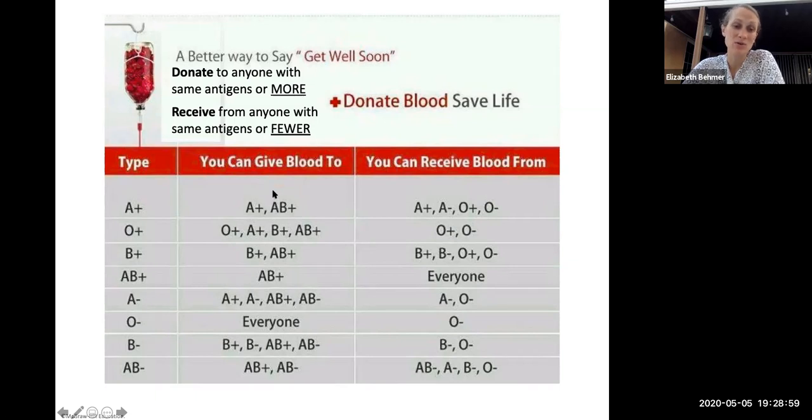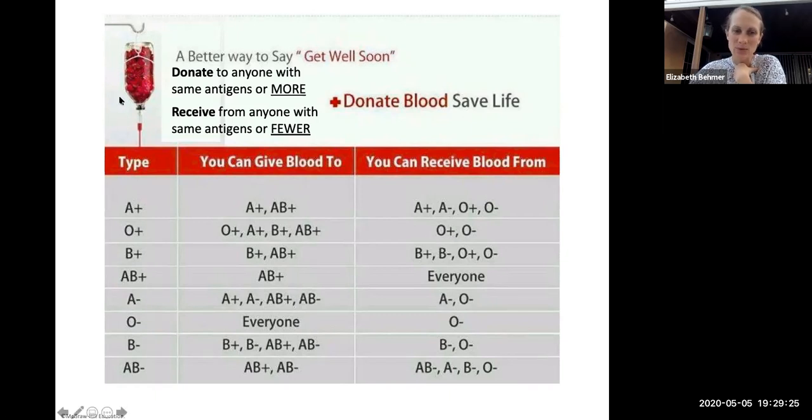You couldn't donate to a B positive or B negative person because they don't have the same antigens. A positive people can receive blood from anyone with the same antigens or fewer. So A positive, A negative, O positive, or O negative. And you can work your way down the line. I don't know, that really helped me clarify it with some students in the past, so maybe that'll help you.